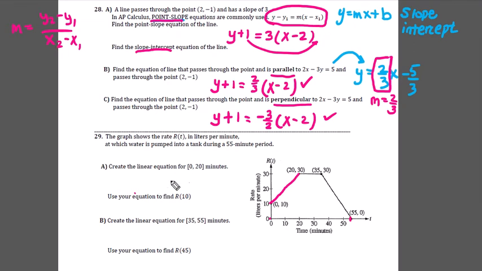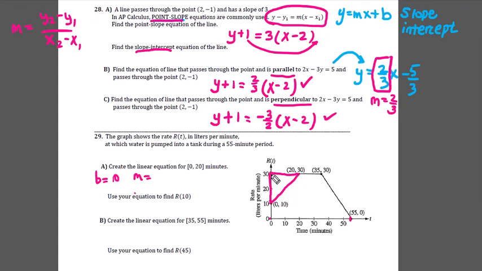So you need two things. You need the slope and you need the y-intercept. So the y-intercept is 10. The slope is, well, you have 2 points, so you just do a rise. That's up 20 liters per minute. And then from 0 minutes to 20 minutes, that's 20.